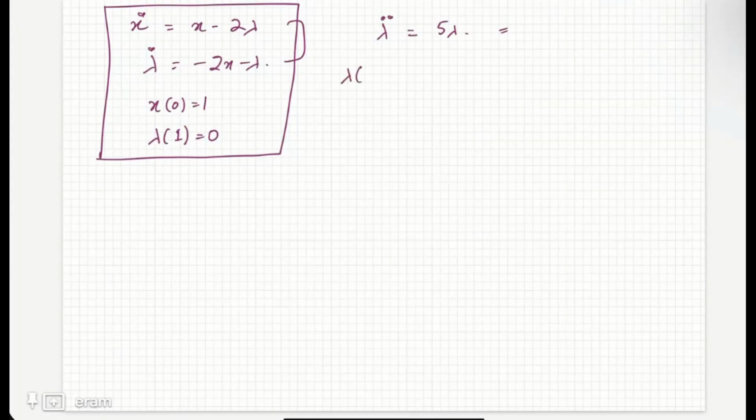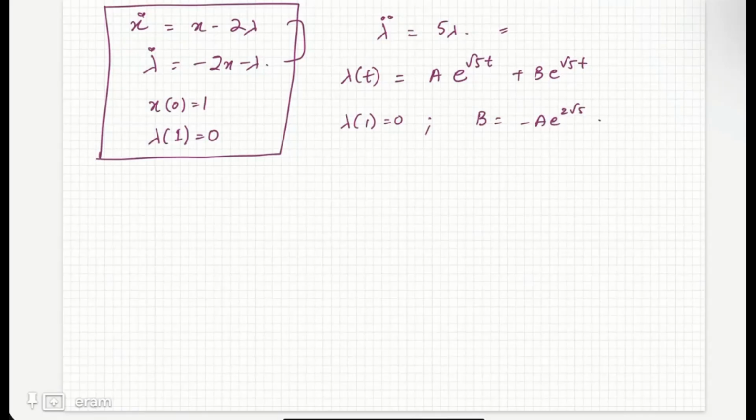That gives us the general solution: some constant a e^(root 5 t) plus some constant b e^(minus root 5 t). Now it is given that lambda of 1 equals 0, so that would give us b equals minus a. I'm just writing the expression, you may solve it explicitly.